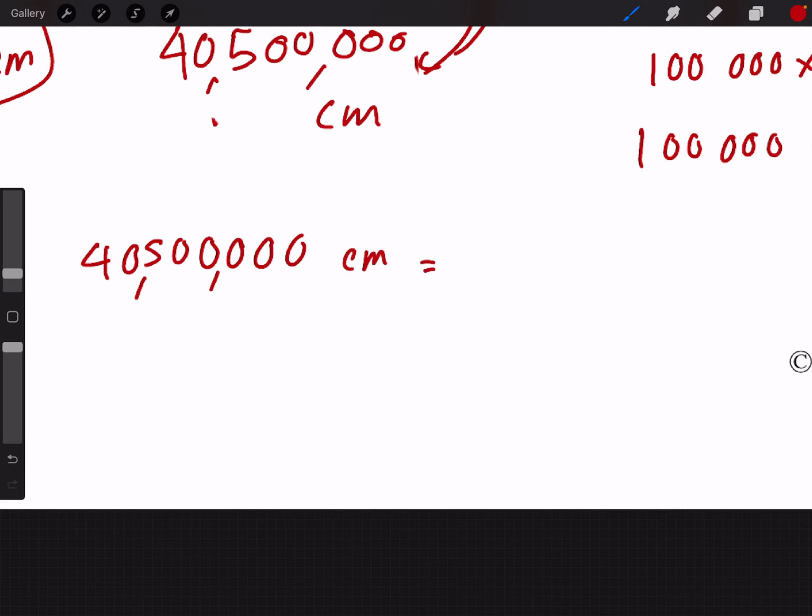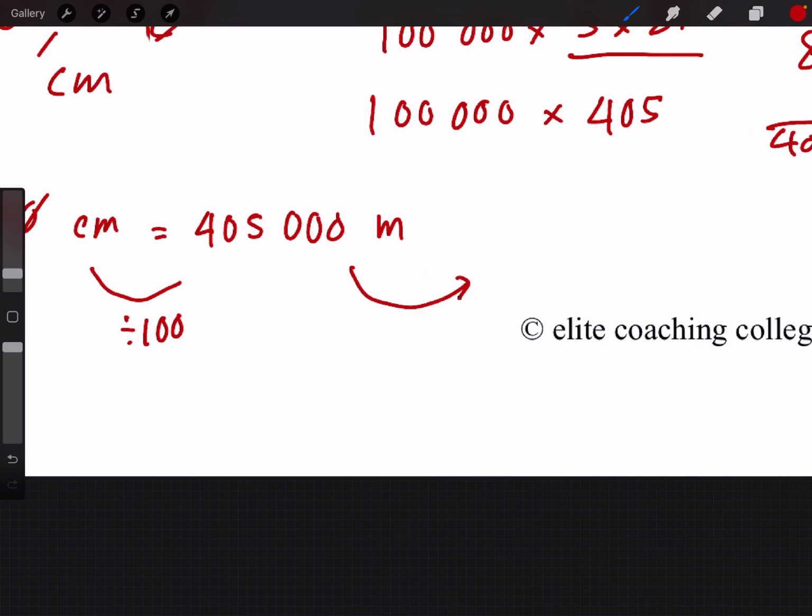So if you want to turn to meters, you divide it by 100. You divide by 100, you cross out two zeros. Okay, so now you have 405,000. Now I want to turn to kilometers. You want to turn to kilometers, divide it by 1,000. Now cross out three zeros. 1, 2, 3. So the answer is 405 kilometers.